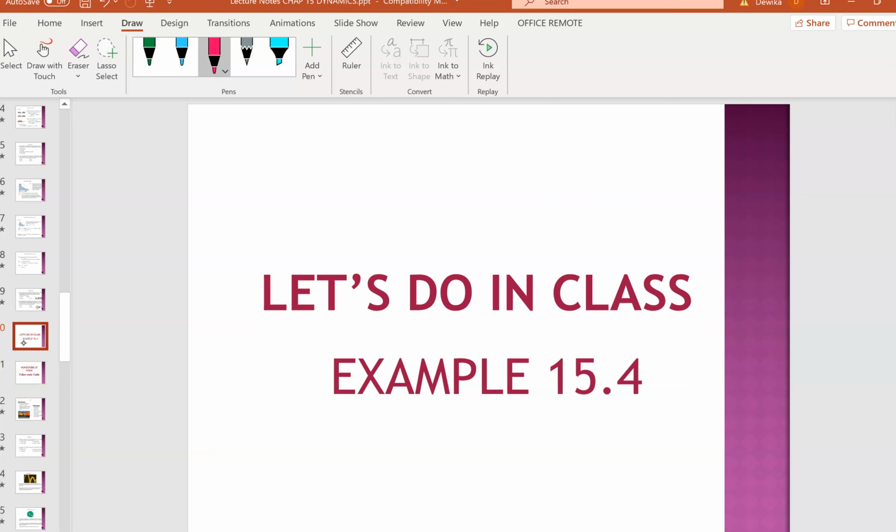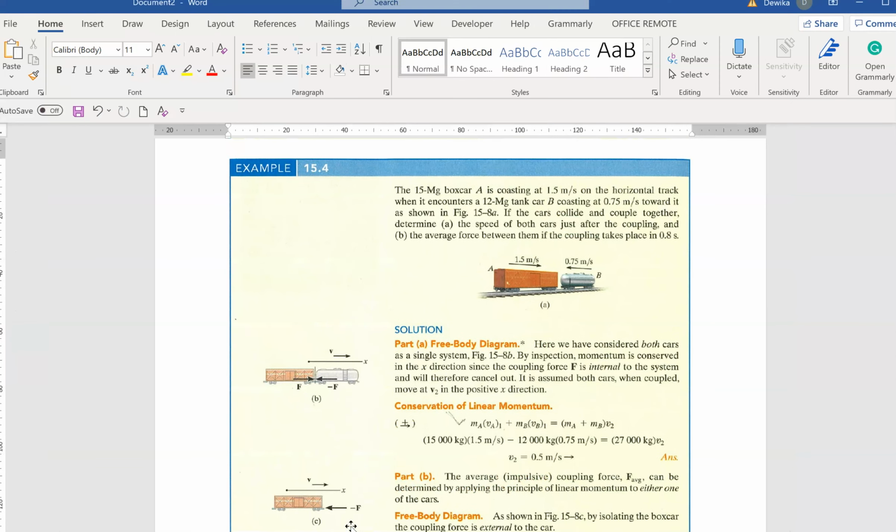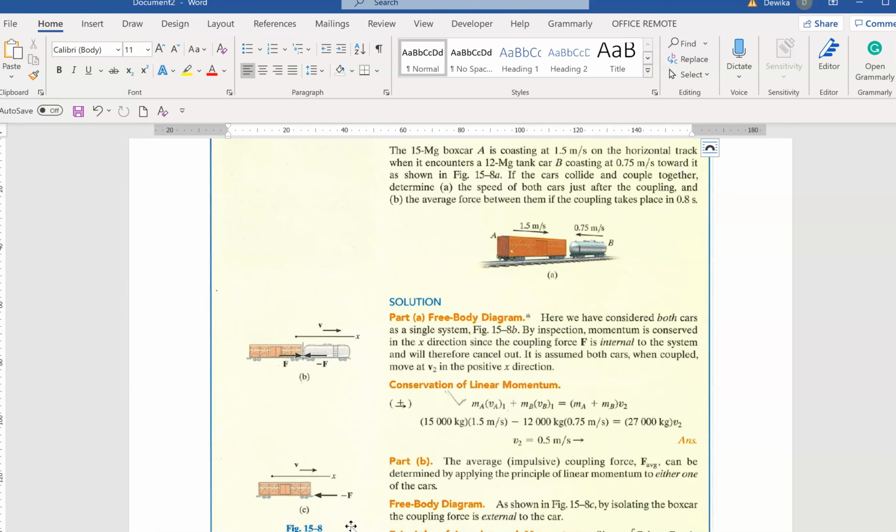Let's do example 15.4. It's a very good example because it shows the usage of both formulas. A 15 megagram box A is coasting at 1.5 meters per second on the horizontal track when it encounters a 12 megagram tank car B coasting at 0.75 towards it.